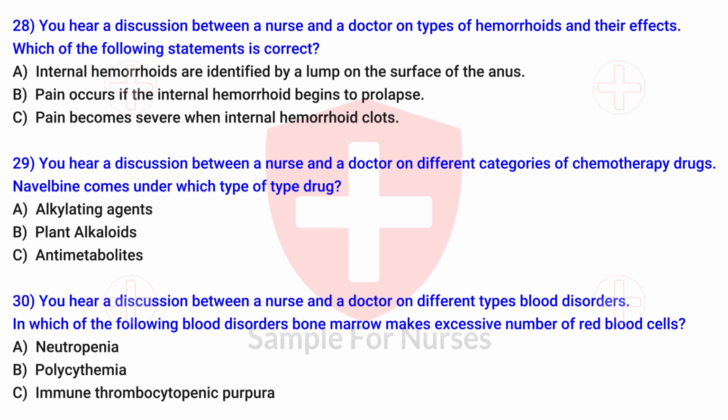Hello, doctor. What are the types of hemorrhoids and their effects? Well, hemorrhoids are a common but aggravating condition involving inflamed and swollen veins in the rectum or anus. Often, external hemorrhoids are identified by a lump on the surface of the anus. These tend to be the most uncomfortable because they are nerve endings in the area. Anal pain, itchiness, tenderness when wiping are some of the symptoms.